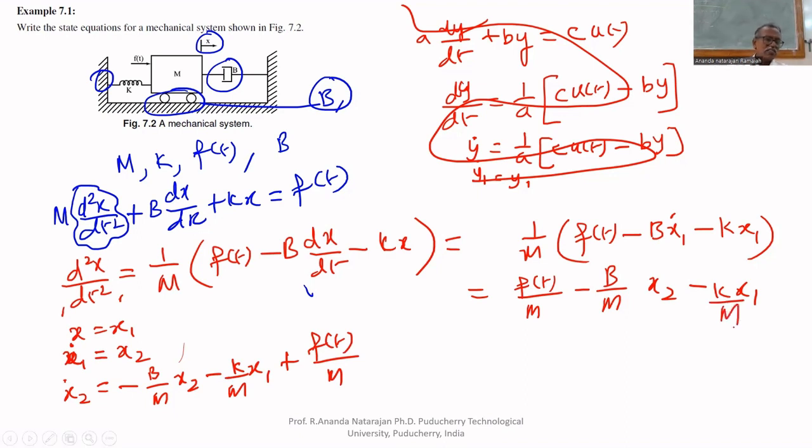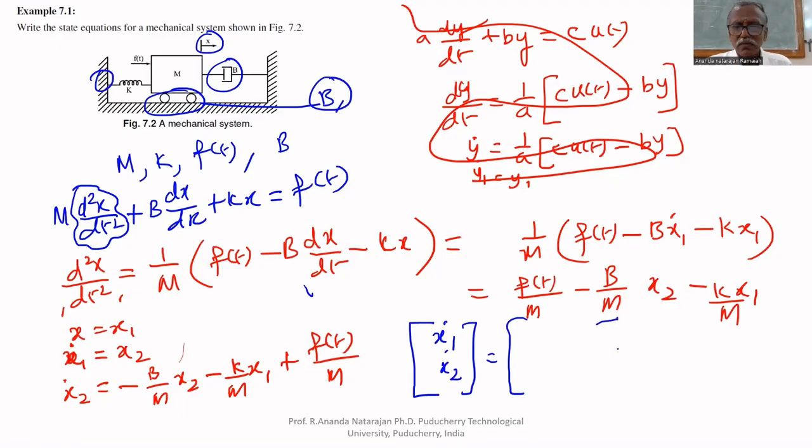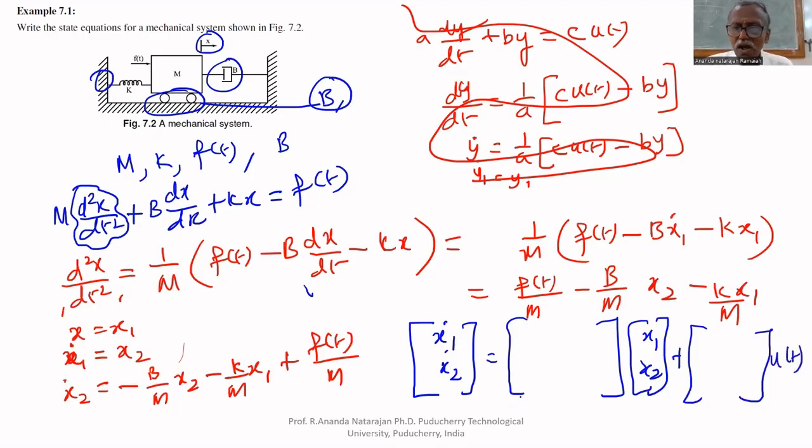That's all we got in state space model. What is the state space model in matrix form? It is second order. That's why x1 dot, x2 dot equal to, what are the two variables? x1, x2, plus what is the input? U of t, that is F of t.